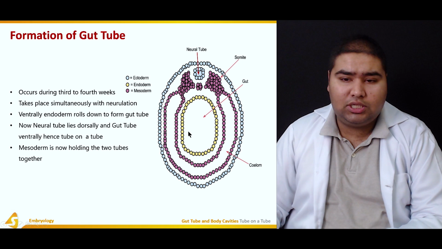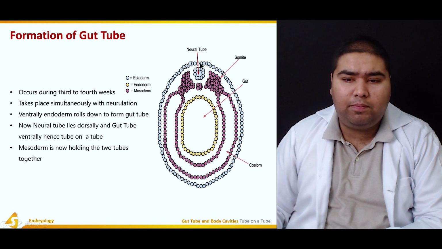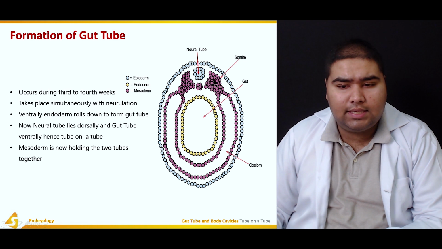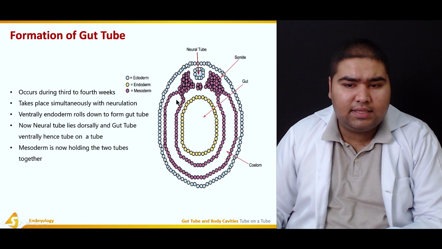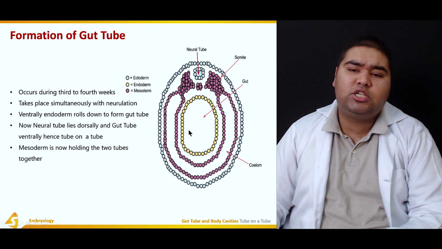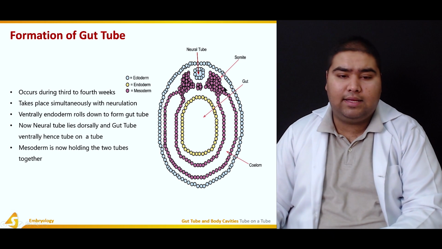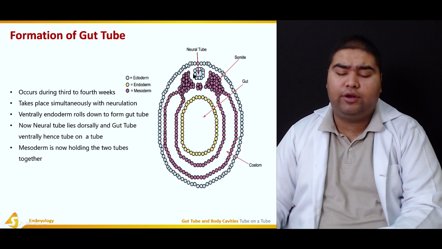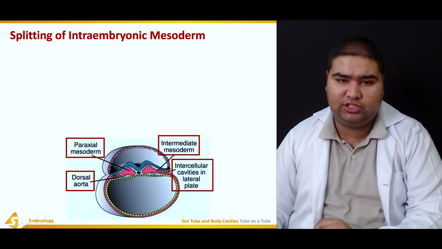Now this structure is known as tube upon a tube. In between we have mesoderm, this in pink. This is the mesodermal layer which is holding the 2 tubes together. This structure is known as tube upon a tube, hence the name of this section.